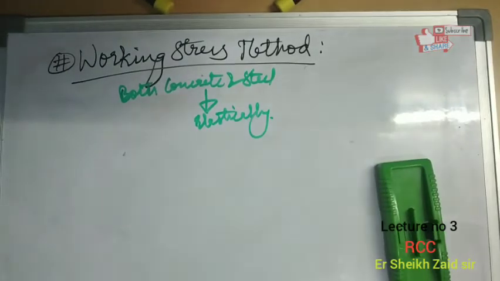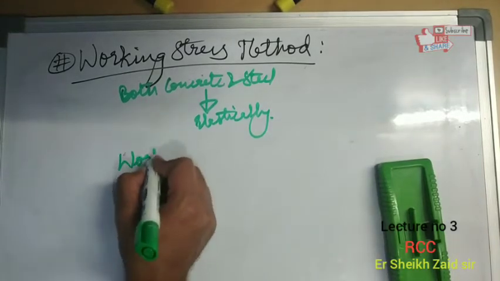Moreover, the reinforced concrete member is designed using classical elastic theory such that the stresses in the material resulting from the worst combination of working loads do not exceed the allowable stresses. So we are concerned with working loads.